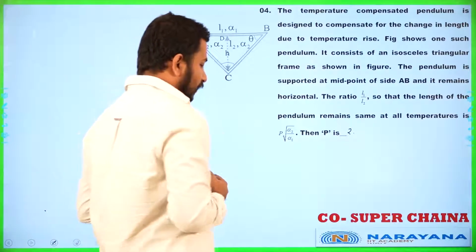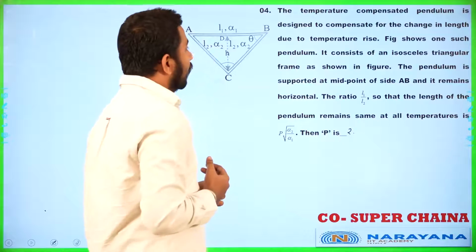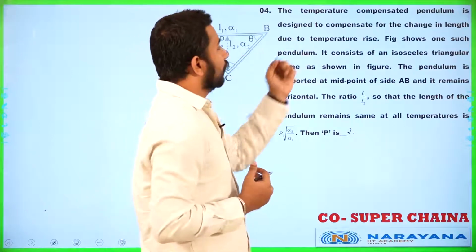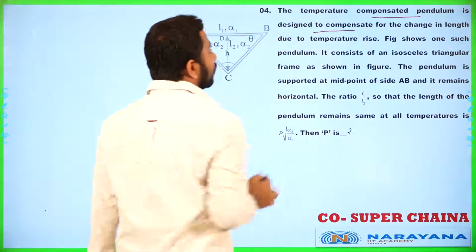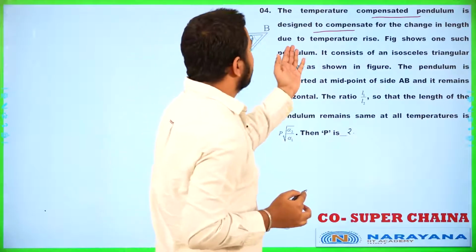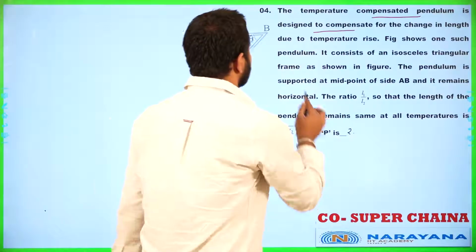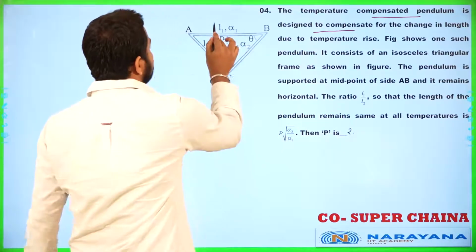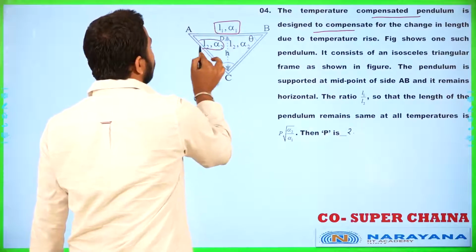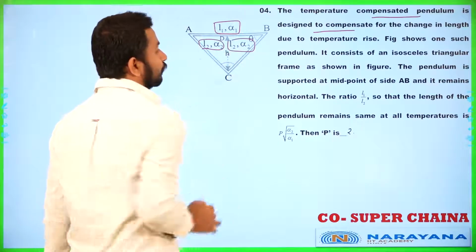Students, here what is given in the question: the temperature of a compensated pendulum is designed in such a way that, due to rise in temperature, the figure is shown here. It consists of an isosceles triangle. So this one is L1, L1 and this is L2 alpha 2 and L2 alpha 2.